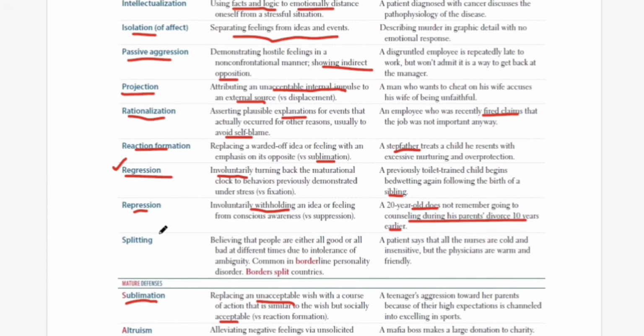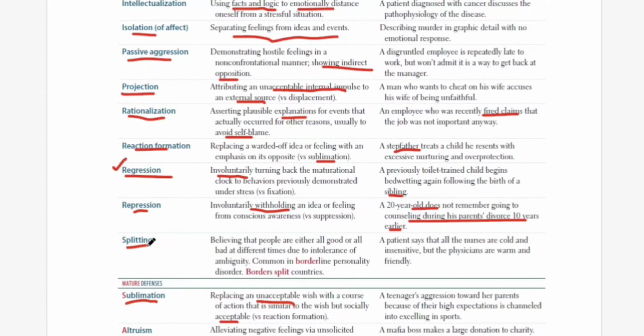So our next one is splitting. Splitting basically means you split something, right? You believe that people are either all good or all bad, so you are looking at people at extreme levels. For example, you are comparing nurses and doctors. Nurses are cold and insensitive, but doctors are warm and friendly, right?